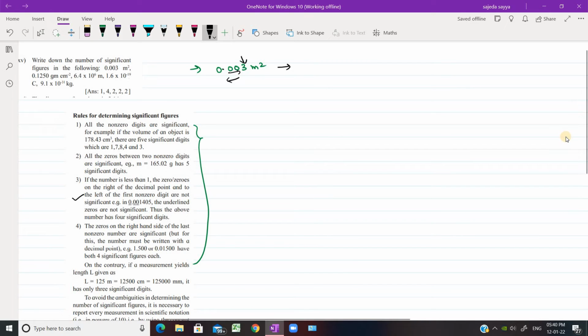It means that the non-zero numbers included in this figure are significant. I think it is better to make a column, so it will be easy to understand.